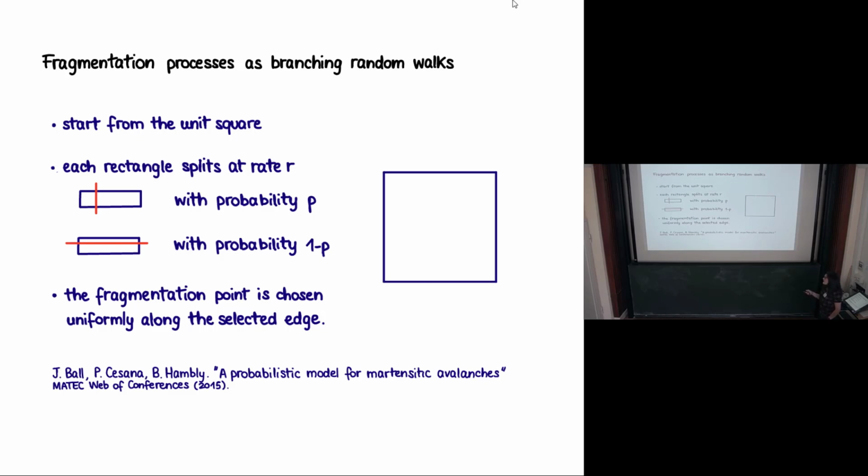And when you fragment in one of the two directions, you choose the point at which you fragment the rectangle uniformly along the edge. This model has been introduced by Bolchezan and Hampley as a fragmentation model that explains how molecules rearrange in a crystal.